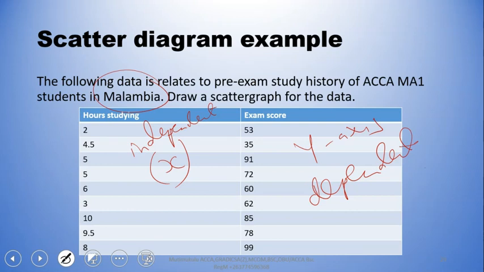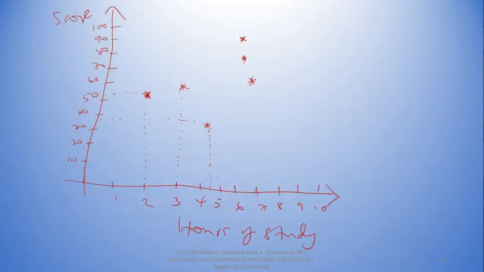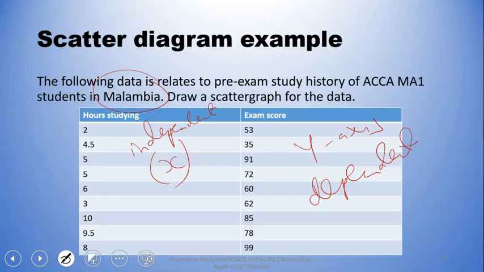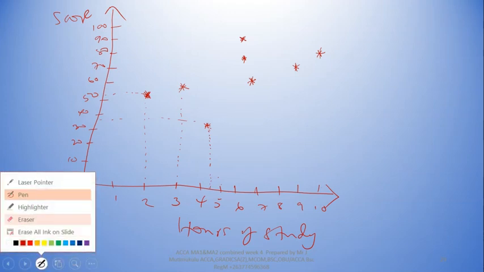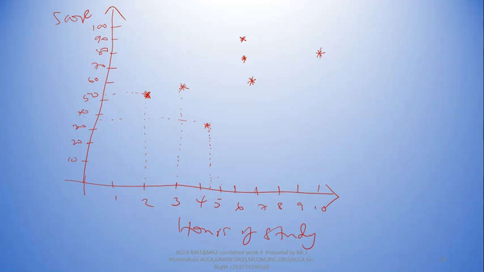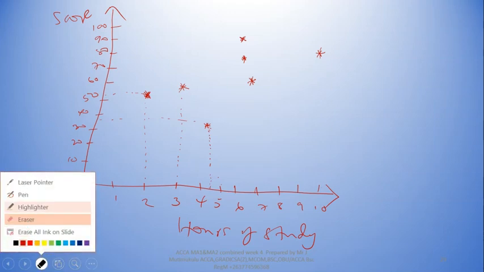Okay, and then that's 10 hours, 85. 10 hours 85 up here. Wow. And then 9.5 hours, 78. Okay, this one was a bit lower. 78 is a bit up.